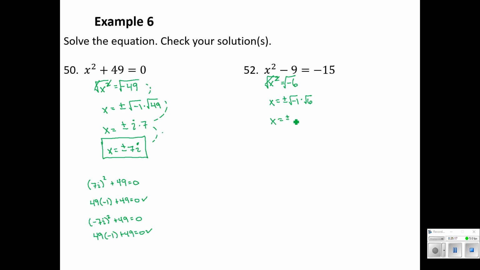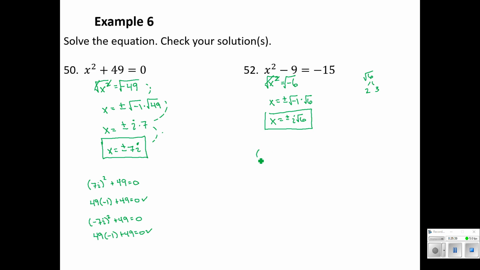So x equals plus or minus i root 6. Okay, that's the solution we arrived at. We cannot simplify the 6. If we wanted to try a factor tree, you can see no pairs are made when we divide that radicand out as much as possible. That's 6.